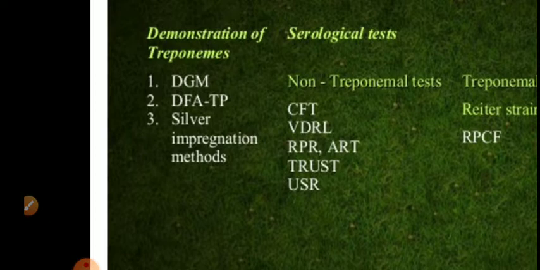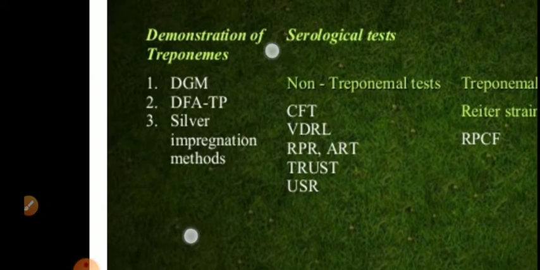Today in our laboratory we also use the TRUST antigen test for detection of syphilis. Now, once you get this non-specific serological test positive, whether you are performing the TRUST antigen test, RPR test or traditional VDRL test, that means the serum is reactive. Then we have to confirm the results by performing a specific test.